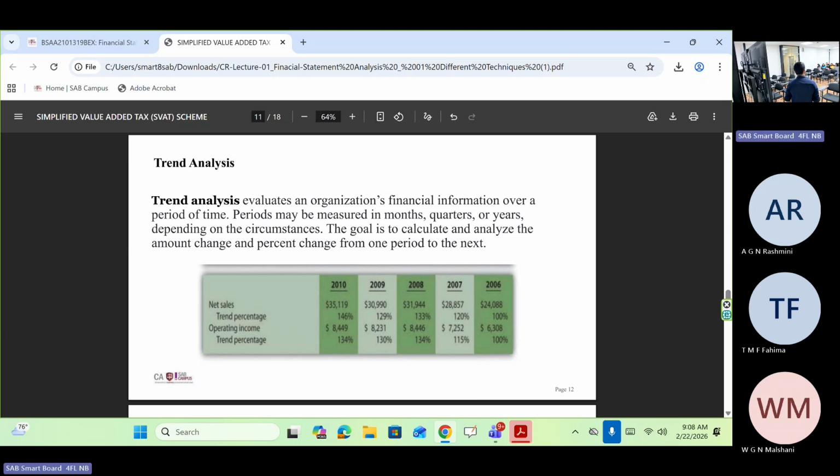We are analyzing the numbers, maybe revenue, maybe cost of sales, maybe some other element, over a period of time, maybe different years. We are analyzing the trend, right?